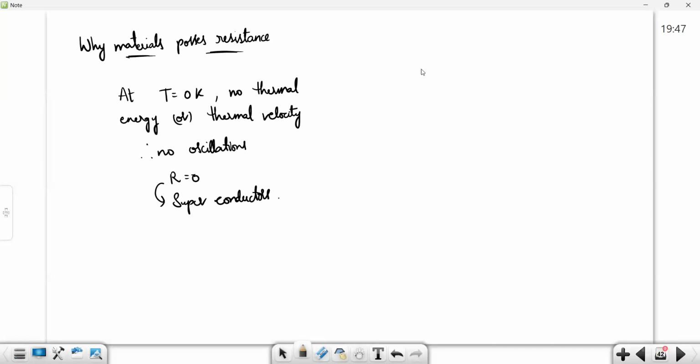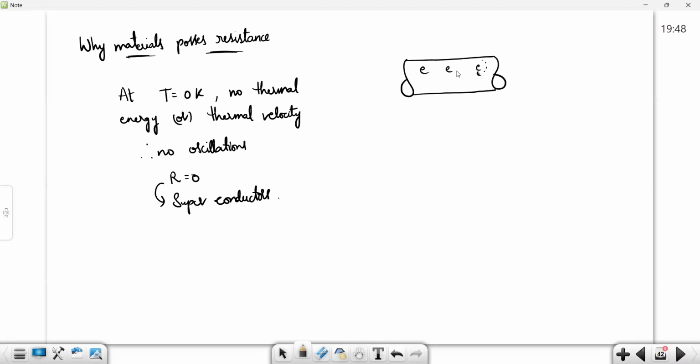What is this thermal energy? When will it come? See, this electron is there. Here one electron is there. Here also one electron.